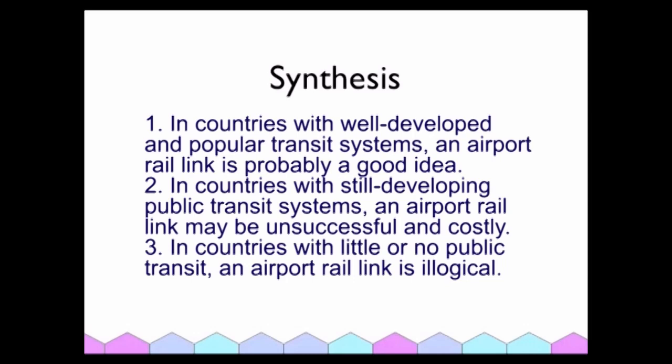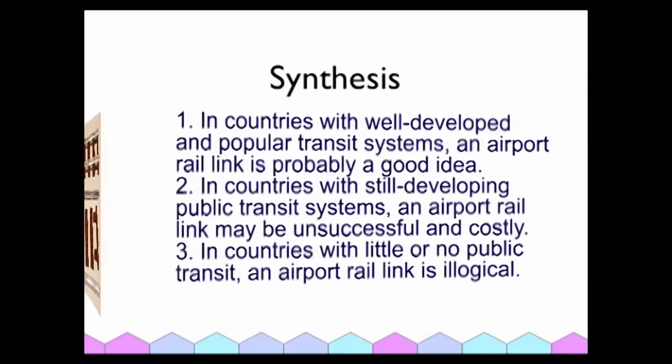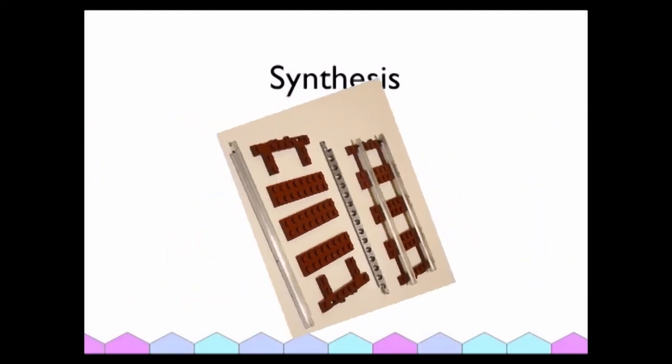In countries where public transportation is still in development, airport rail links must be carefully planned and deployed, or they run the risk of costing a lot of money and being ineffective. And in countries where public transportation is not well established at all or virtually non-existent, adding an airport rail link is an illogical step.